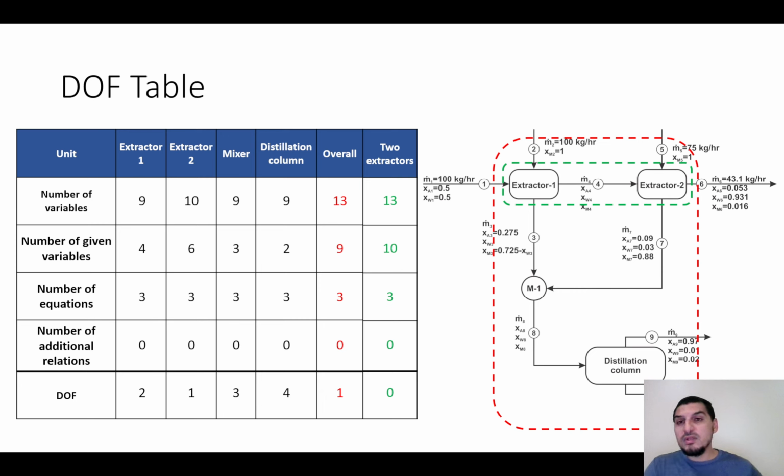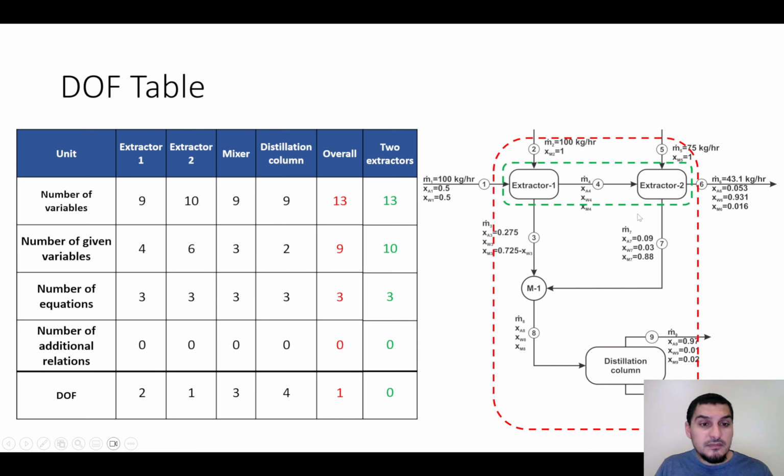So this is one trick that we can do in case we have a system like this and we don't have any unit that has 0 degrees of freedom. We can find the combination of units, and this is going to solve the whole thing, because by doing this we can have a plan for the solution. So if I solve these 2 extractors, I'm calculating the flow rate in this stream and the flow rate and the missing composition in this stream. So I'm adding 2 information to the first extractor, which makes its degrees of freedom 0.